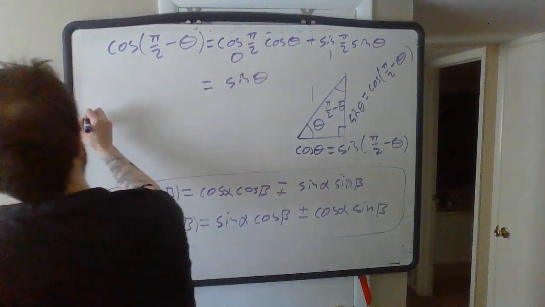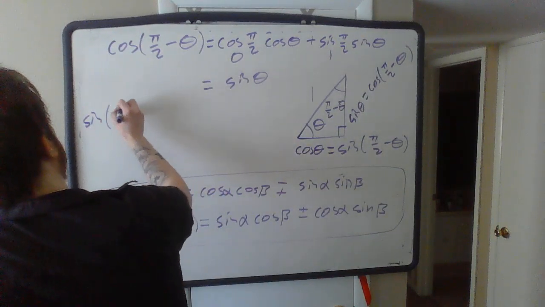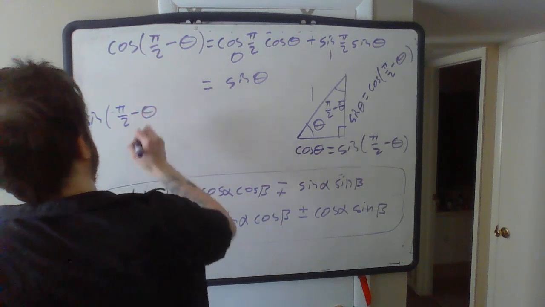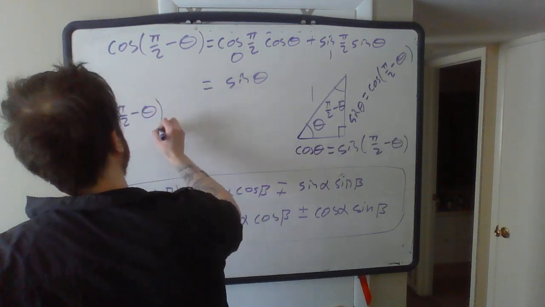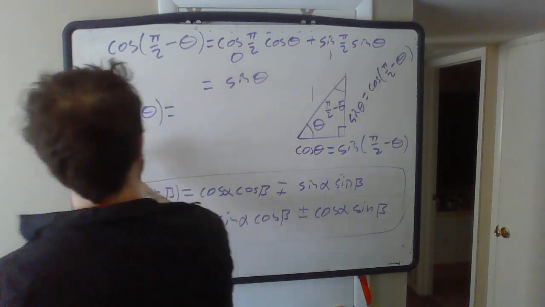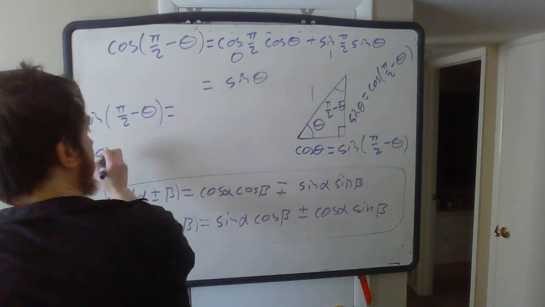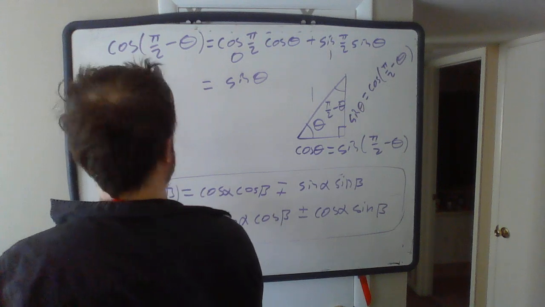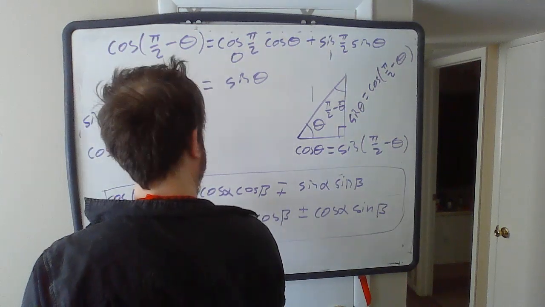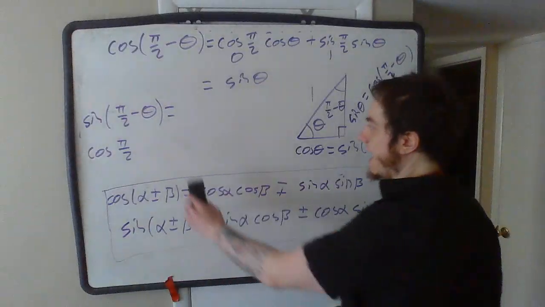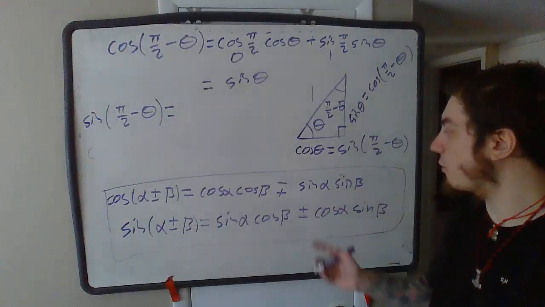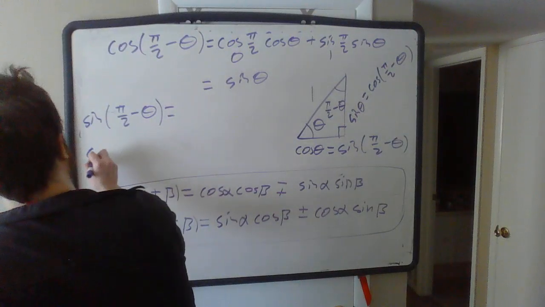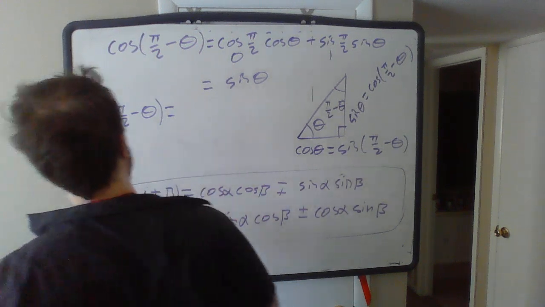If we take sine of pi over 2 minus theta, sorry, I was for some reason looking at the top formula here instead of the bottom formula. This becomes sine of pi over 2. I was wondering why I was writing down the wrong thing.